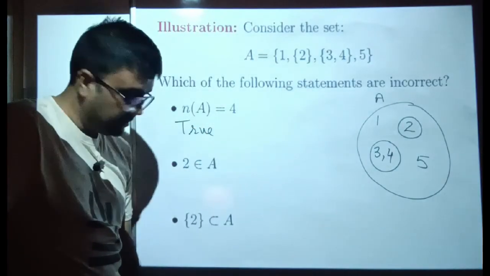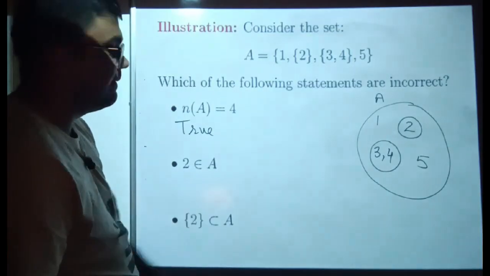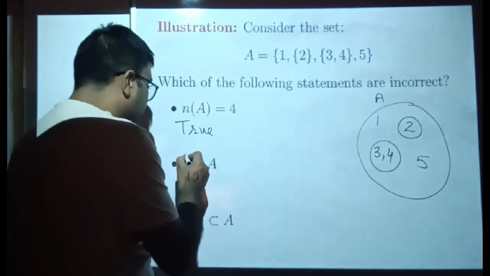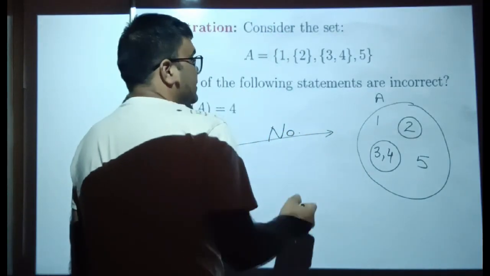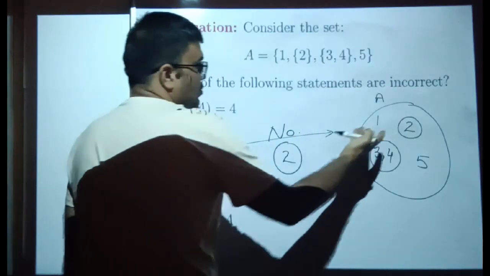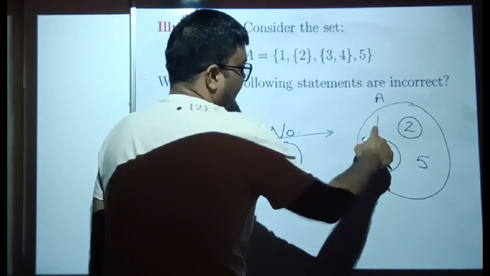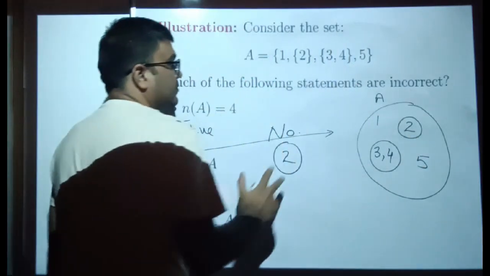Next is 2 belongs to A. Is there an element 2 over here? No. There is a set having element 2 in it, but there is no element 2. Elements we have are 1, a set, and 5.